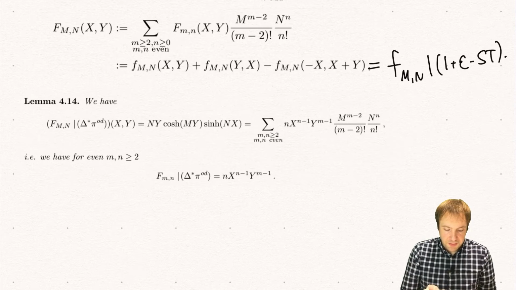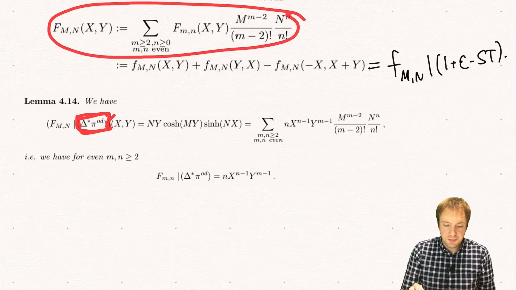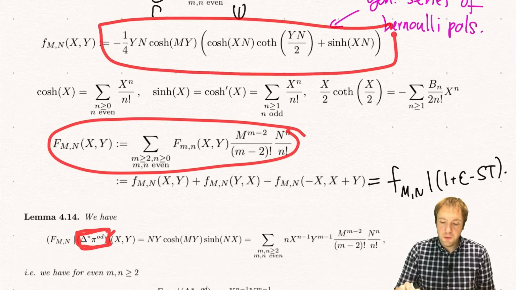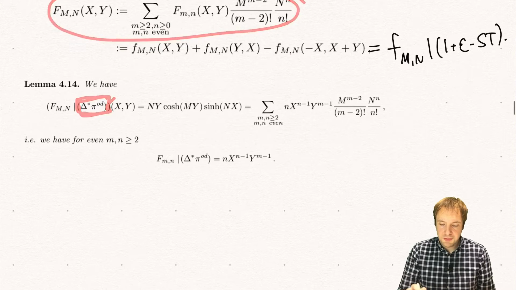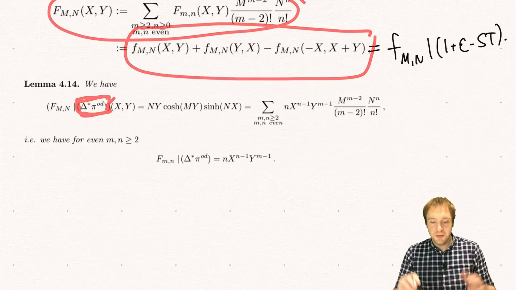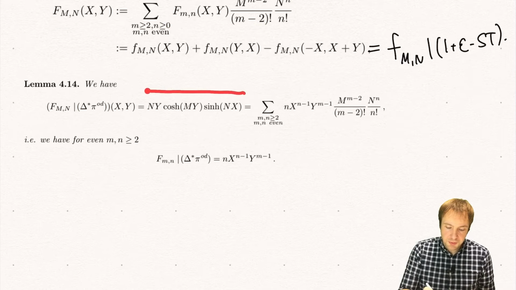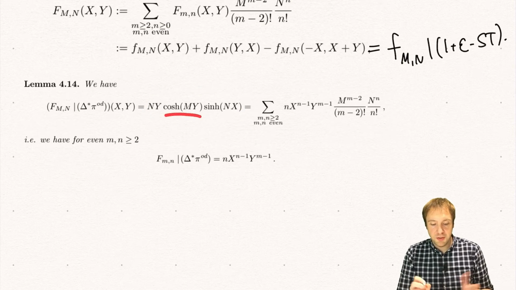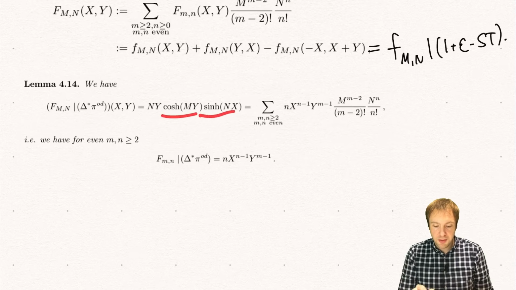So if we let this special element here act on this generating series, then by using just this explicit formula, you see that all of these horrible formulas collapse to this really simple, nice term here, which is now just a product of the hyperbolic cosine and the sine in m and n.